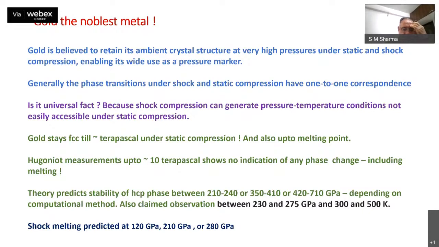There was also one observation from Germany, which claimed they did observe hexagonal phase, but to the best of my knowledge, it has not been observed by others. I also mentioned that the shock melting of gold was predicted again over a wide pressure range: some at 120 GPa, others at 210 GPa, still others at 280 GPa.